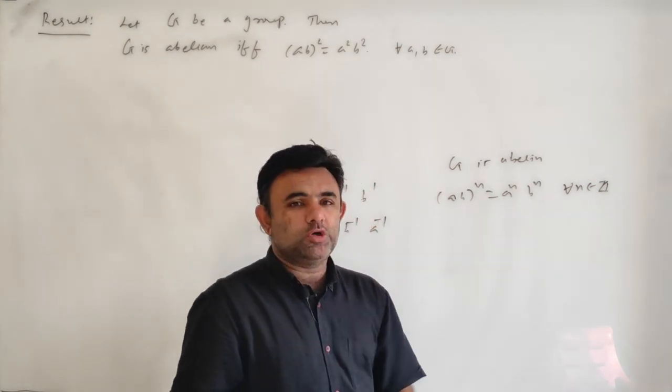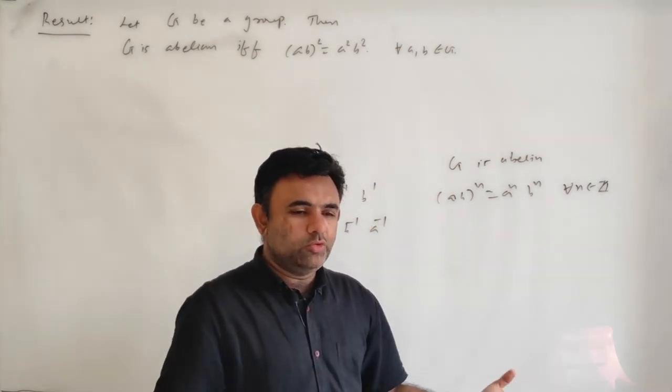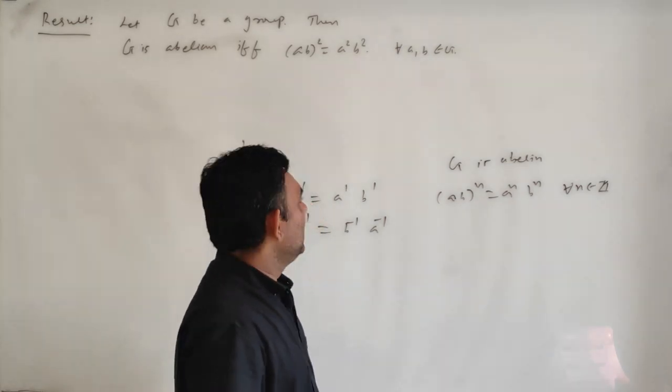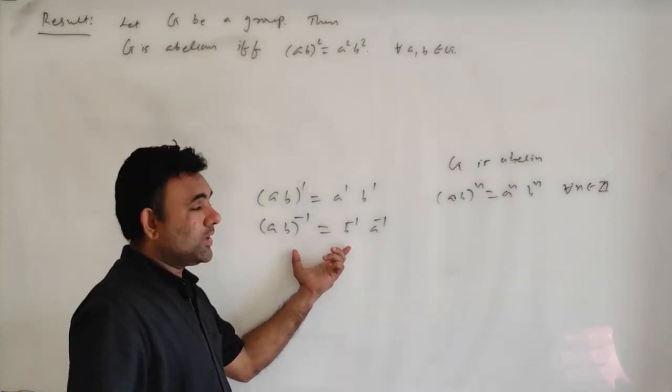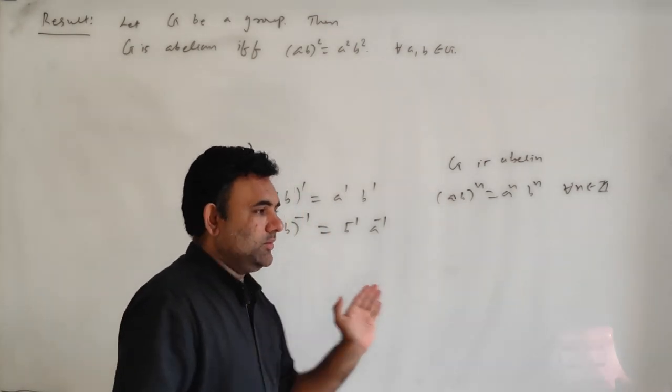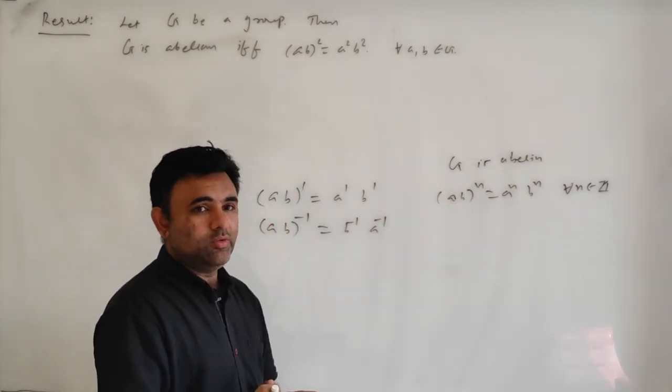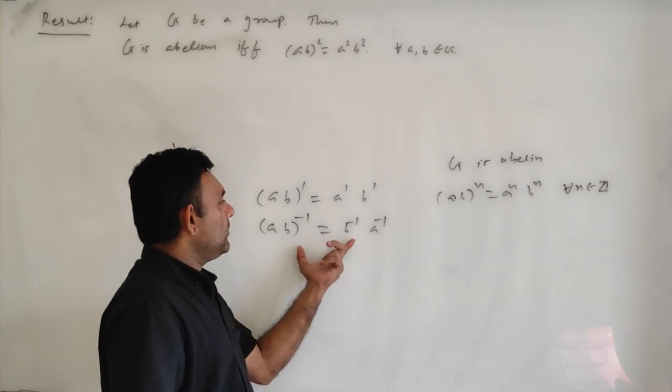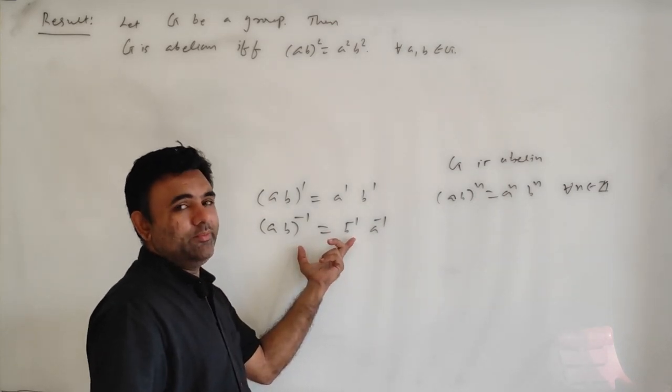But if G is not abelian, or you do not know whether G is abelian or not, then we have this situation. You can't distribute the n power individually from left to right or right to left. But for the minus 1 power we have this freedom.